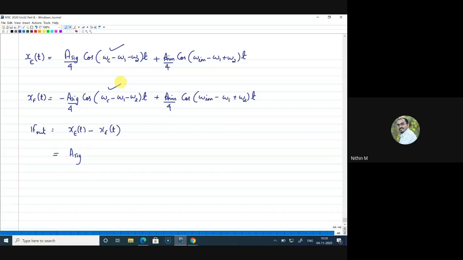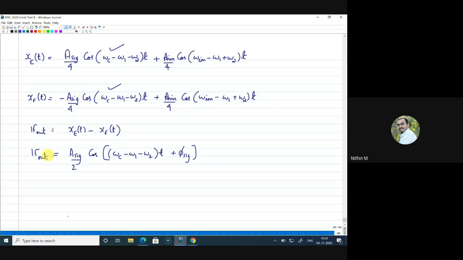When these two are getting added, it will be a signal by 2 into cos of omega c minus omega 1 minus omega 2 into t plus the initial phase difference, which I have included now. This is the intermediate frequency IF out.